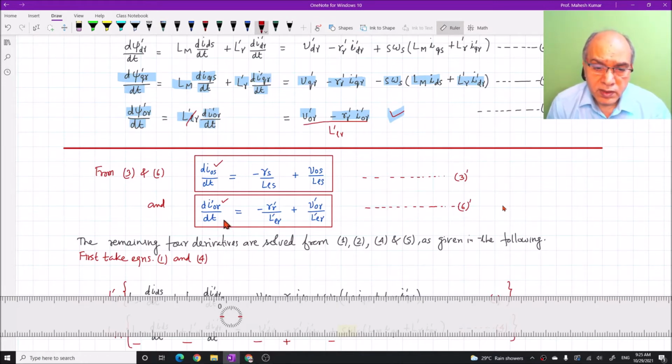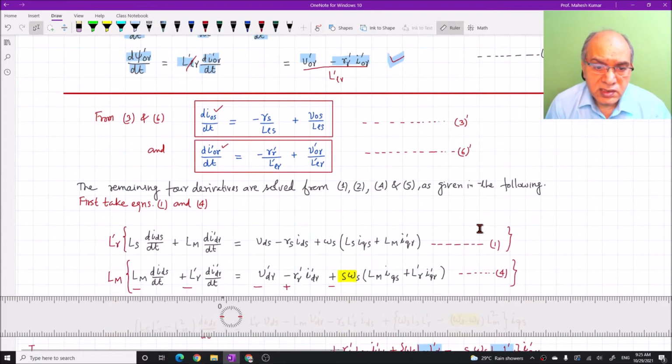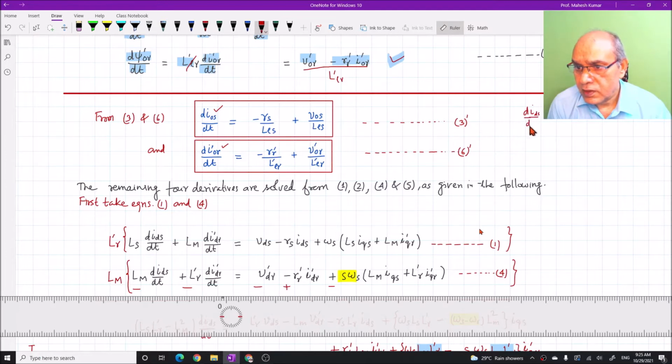So the first is dids by dt, then diqs by dt, the third one is didr dash by dt, and the fourth one is diqr dash by dt.